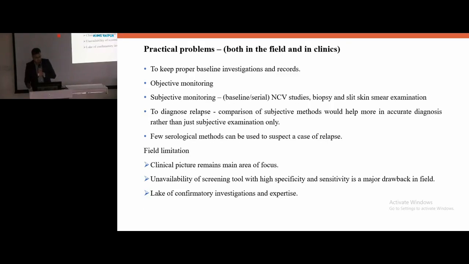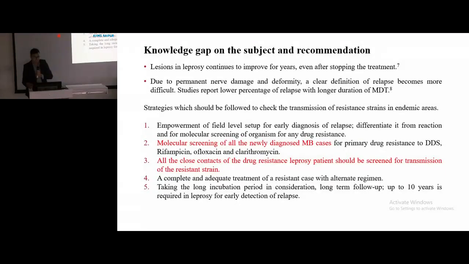And there are very few serological methods which are readily available at bedside for diagnosing or confirming a case of relapse. The limitations get aggravated when we go into the field because of the unavailability of any such screening tool. So what we have been discussing is the current knowledge gap on the subject of relapse and the possible recommendations that we can make for the future.